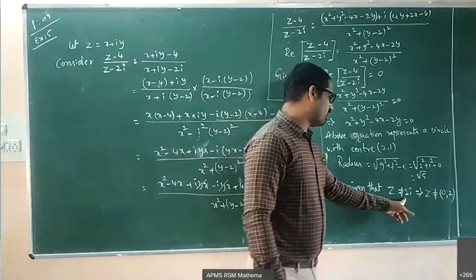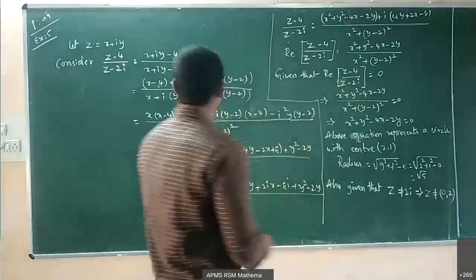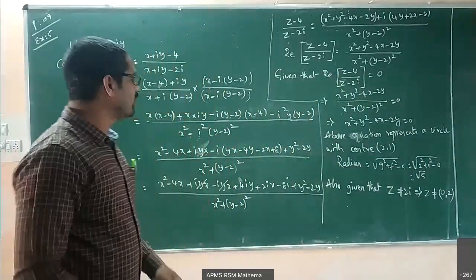So Z cannot be 2i means Z cannot be (0, 2). I think I am clear till now.